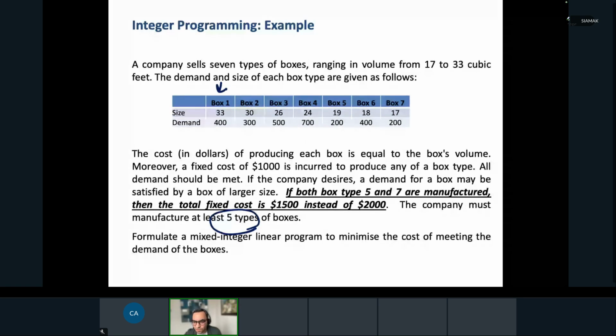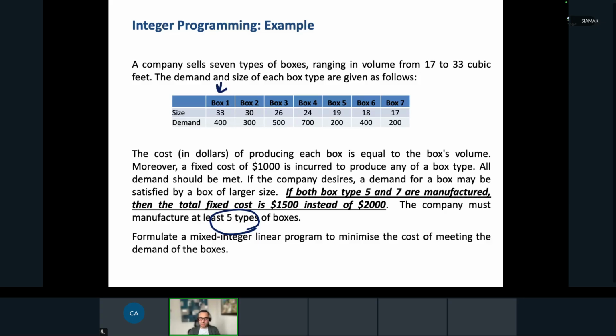So even if we select box 1, we have to select 4 others. Yes, as I said, that won't happen. What I said is that only one will be used to satisfy demand of all other boxes. But as we don't know which 5 will be produced, I don't know the summation of the demand of those 5 boxes.